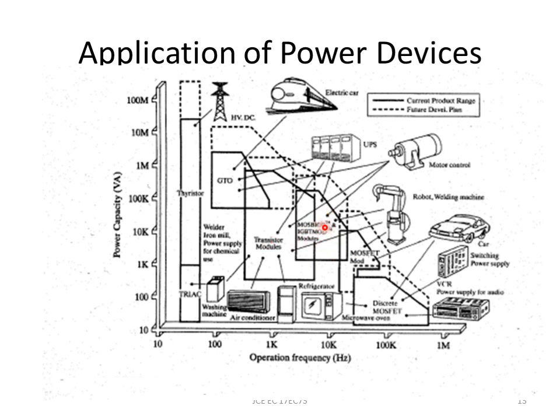So as far as applications are concerned, you can see it can go for UPS, then it can go for motor control. Okay, so it has its own different applications. It also can be used for robotics, welding machines, okay, and so forth.